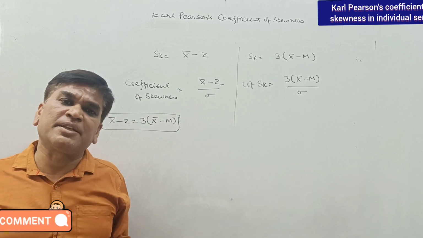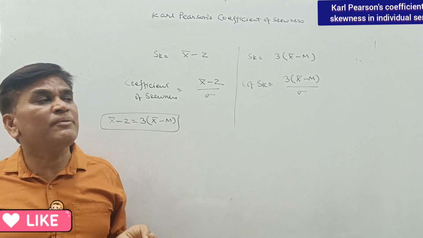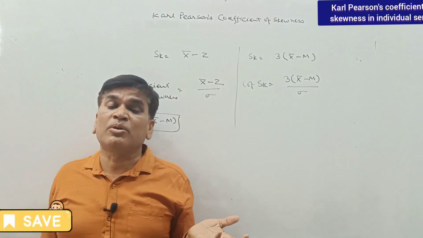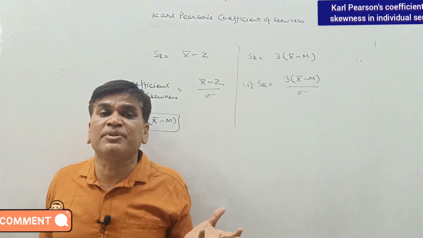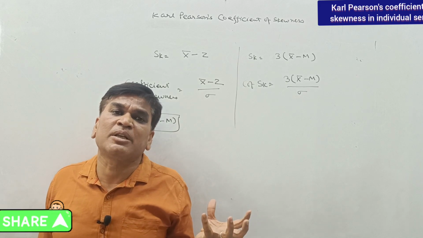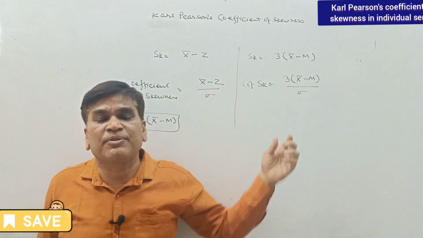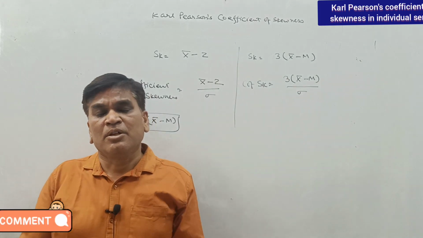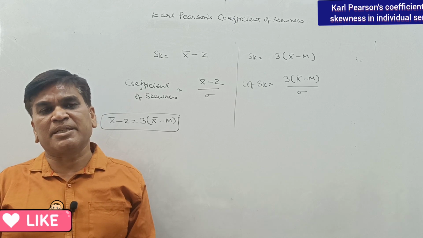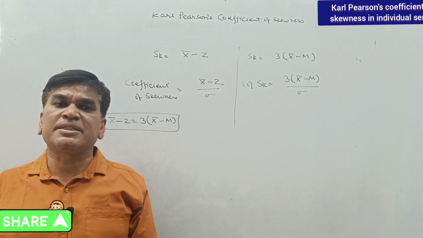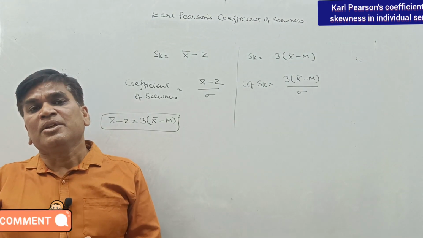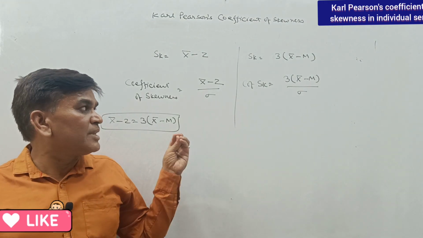If it is difficult to calculate the modal value, or the question has a bimodal or more than two modes, and we are doubtful about calculating the modal value, then we will use that formula: the measure of skewness is 3 times x bar minus m, and the coefficient of skewness is 3 times x bar minus m divided by the standard deviation.